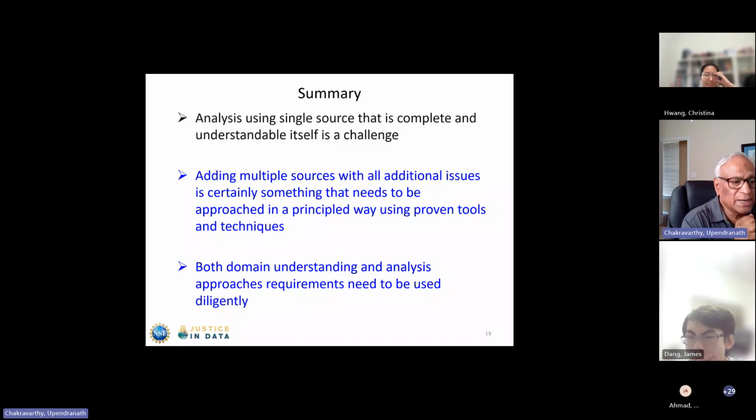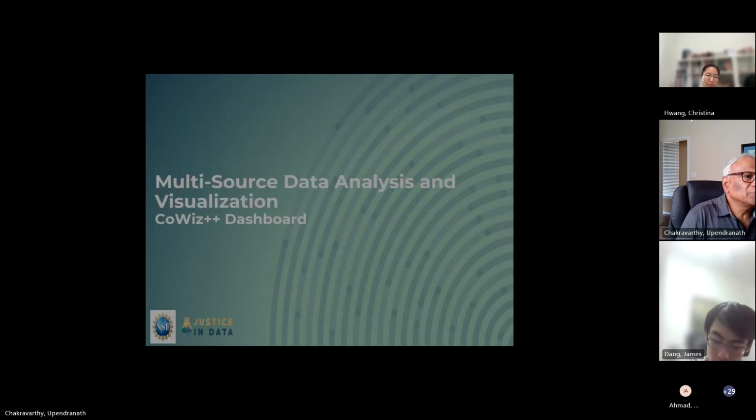Both domain understanding and analysis approach requirements need to be used diligently in order to do this successfully. I wish I could give you more detailed steps, but these are guidelines as to how you need to deal with that, rather than individual steps that you can use.